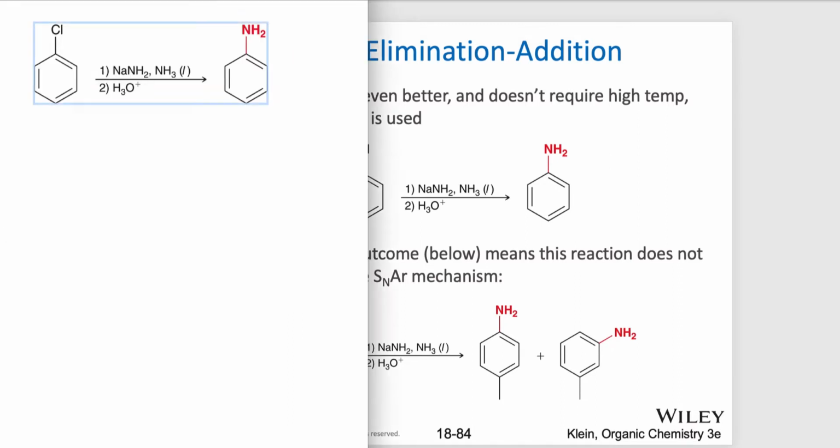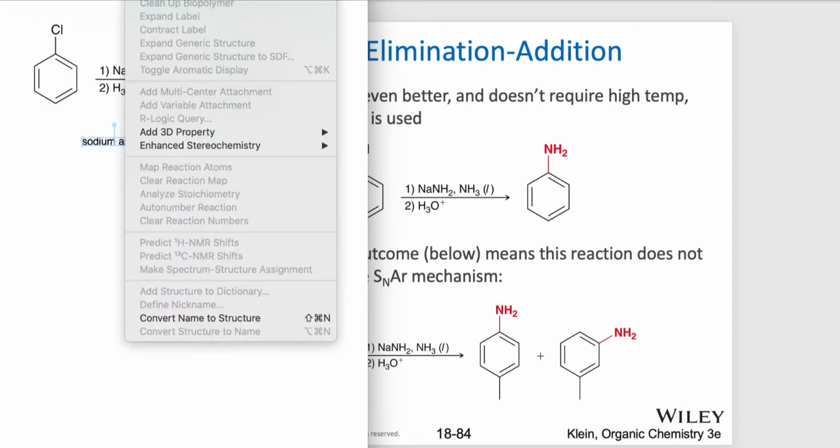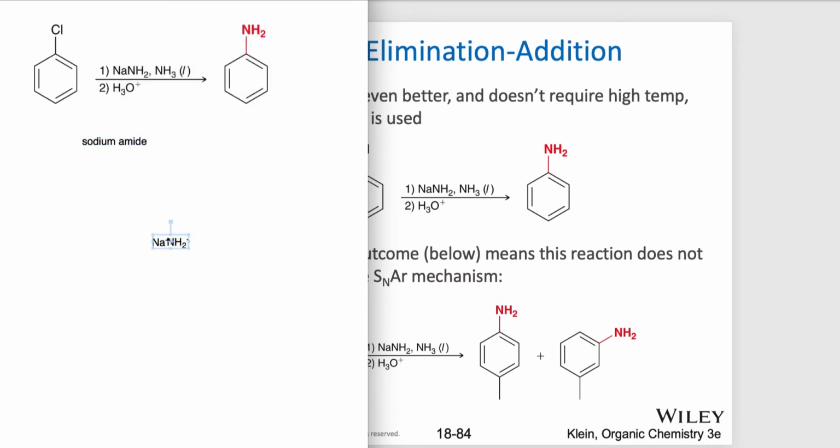So as we're looking at these conditions, remember this is sodium amide. Let me just spell this out, sodium amide. I could even use my program and just convert this. So here we have it, right? But again, this is a mixture of 2 ions.